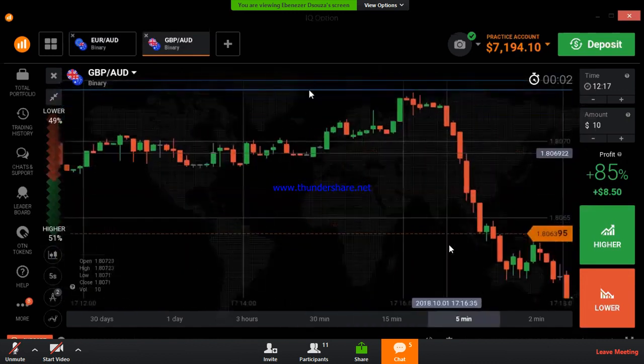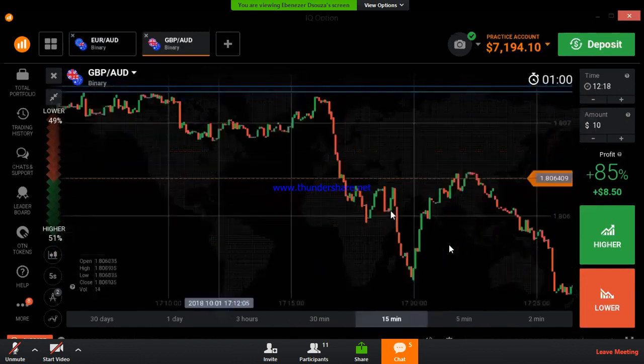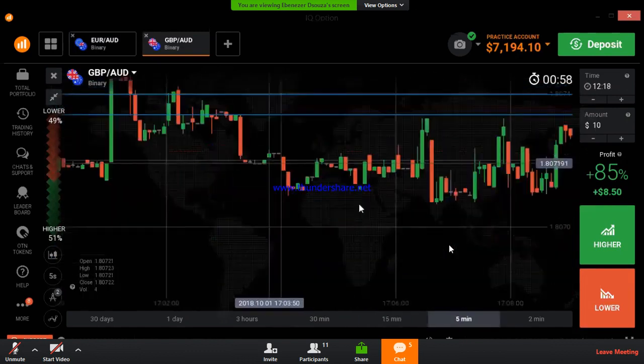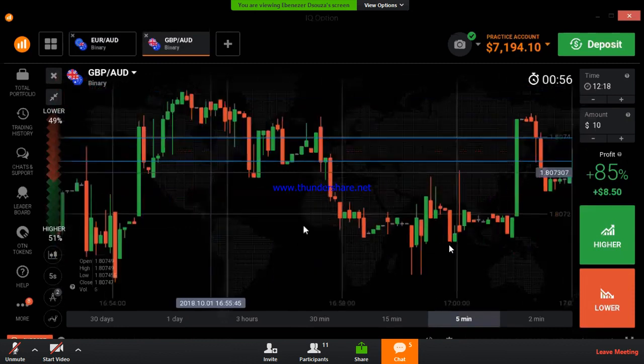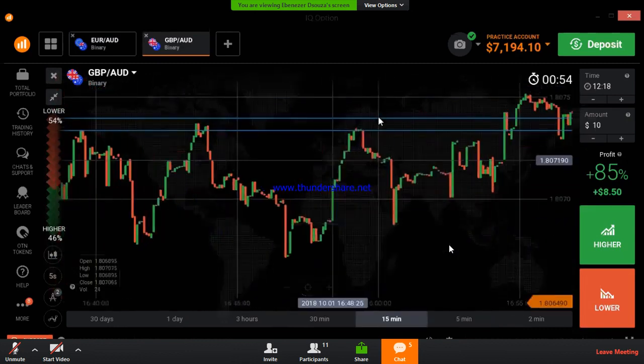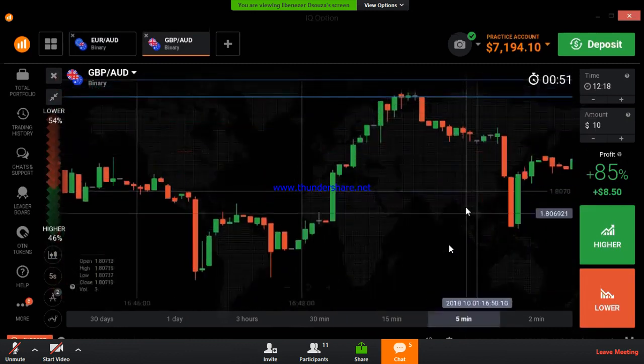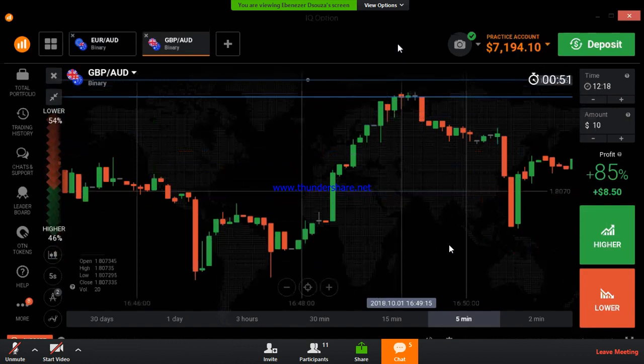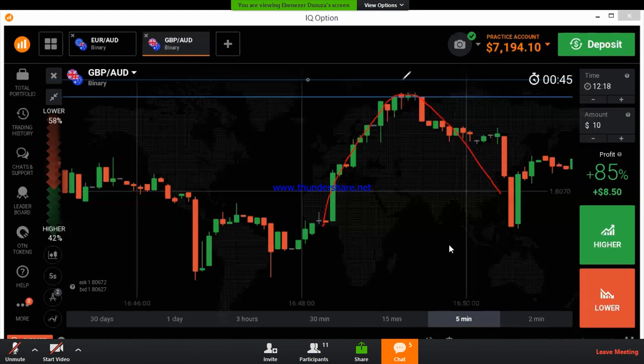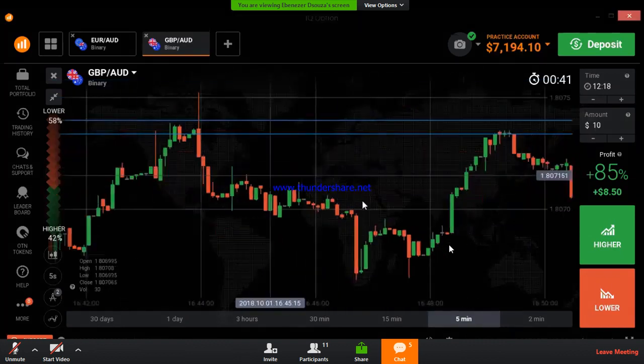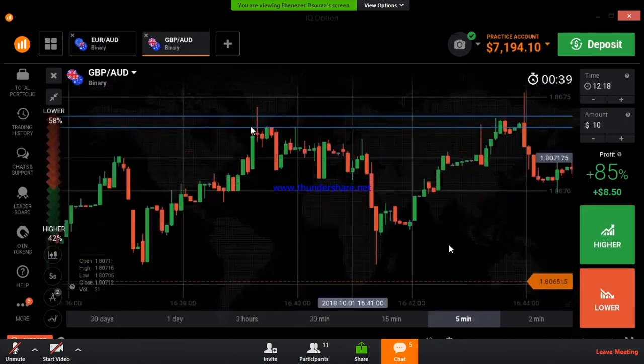So you can see sellers' entry here. Okay, you can't take this, there is no sellers' entry. So you can see sellers' entry from the level. The market is taking a U-turn here, and you can see the sellers' entry when the market hits this level.